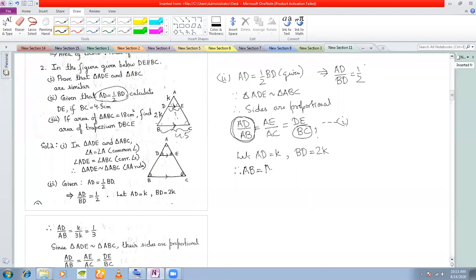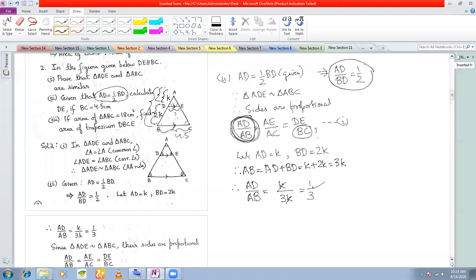AB is AD plus BD, which is K plus 2K, which is 3K. Therefore, what is AD by AB? AD is K and AB is 3K. K cancels, you get AD by AB as 1/3. See, from the given ratio AD by BD, I have calculated AD by AB. This is a very, very important technique. Remember. So I have already got this ratio.